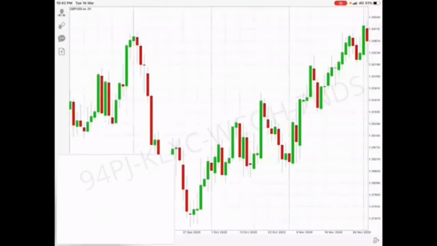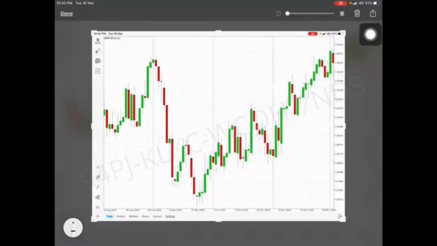Let's use the same example. Do you see this? Is it a sideways? This is a sideways.